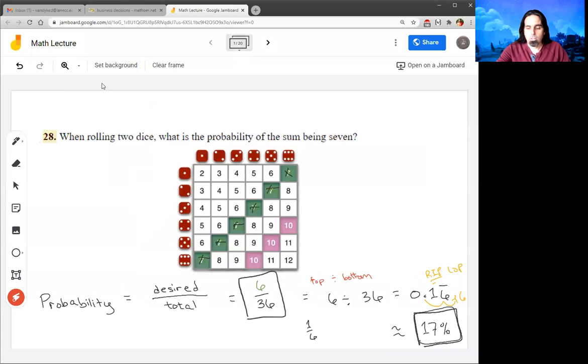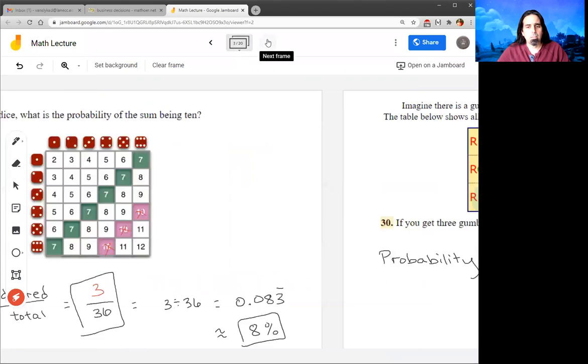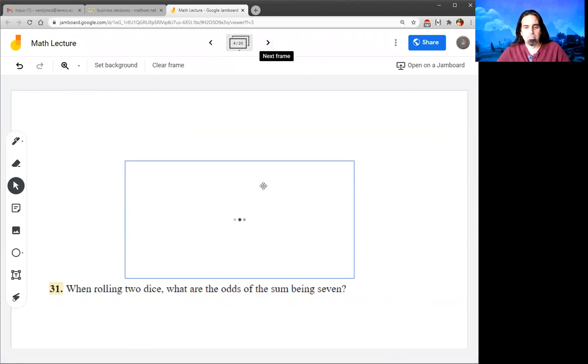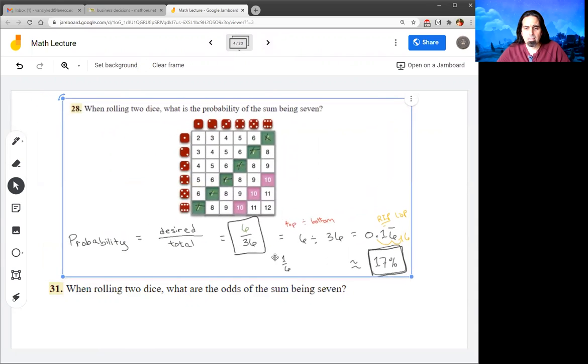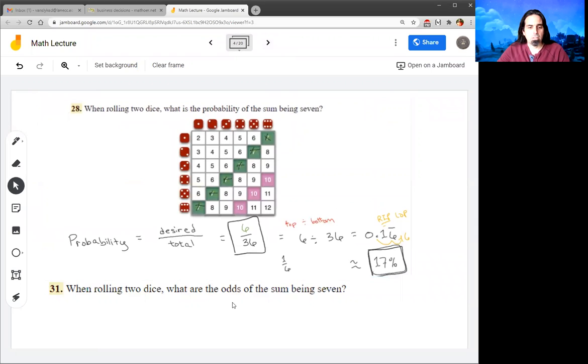So this one, when we rolled 2 dice, and what was the probability of the sum being 7? Now we're going to do the odds, and the formula is different.